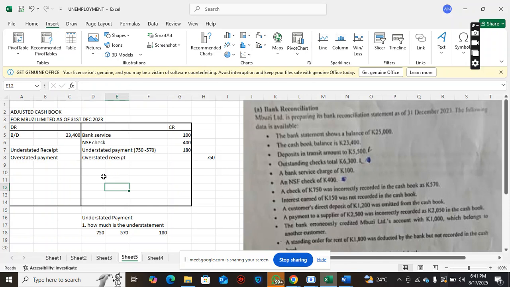Any questions before we move to the next transaction? Any questions? Here I'm assuming it's a payment.